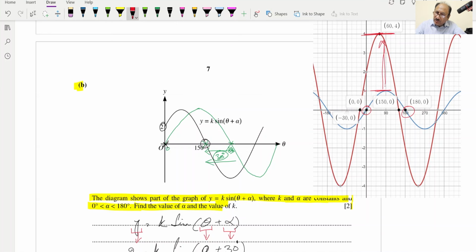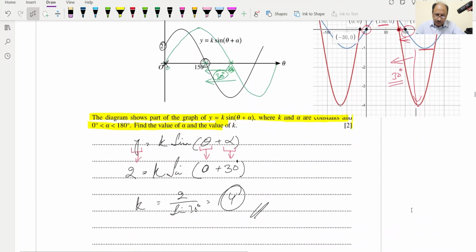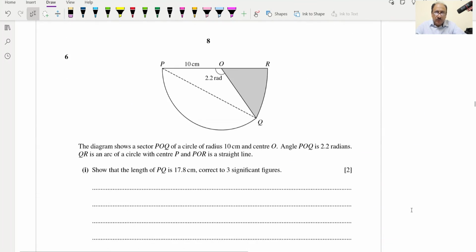The y value is changing, and it is changing from 180 to this new location, which is 150 and 0. So this new point is 30 degrees to the left, and 4 units along the y-axis. And the lower value also from this one is changing to 4 points down. Hopefully you understood this. So the y value will be multiplied by 4, and the x value will be 30 degrees to the left. Now we can move to question number 6.